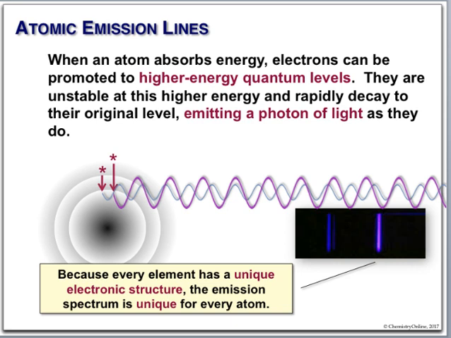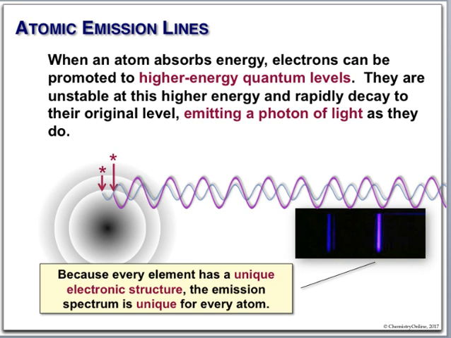Because every atom, every element, has its own unique set of orbitals and electrons, every element will have a different set of bands. And that's how we can identify the element very, very accurately.